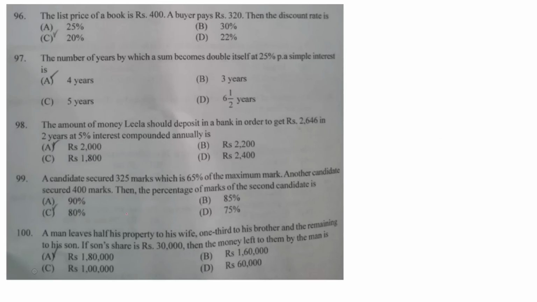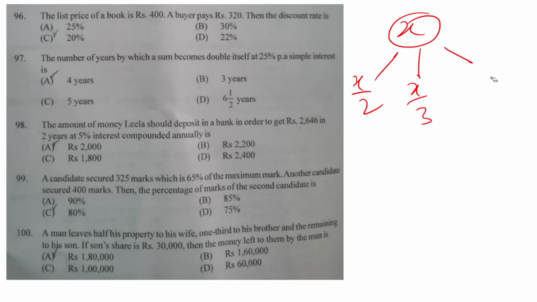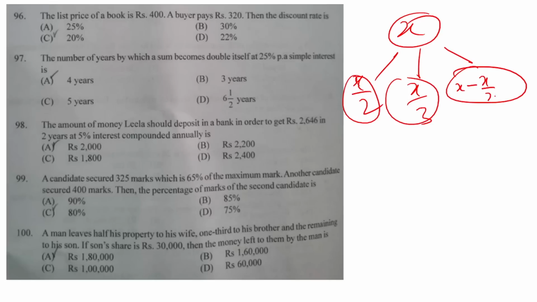Question number 100: a man leaves half of his property to his wife. Let the property be X. The wife gets X by 2, and one third goes to the brother, X by 3. The remaining goes to his son. The remaining is X minus X by 2 minus X by 3.